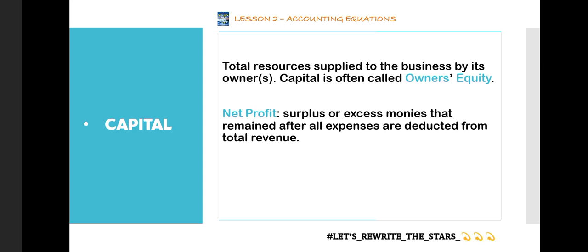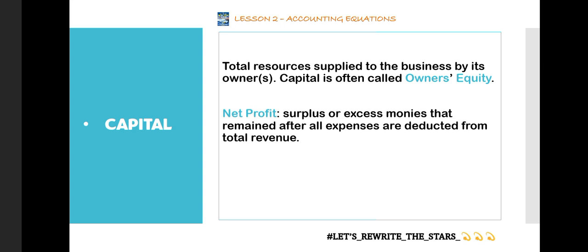When we sell all the beverages, the money that we get is called revenue. When we take out all the expenses we've made within that particular period from this revenue, the remaining money left is what we call the net profit.